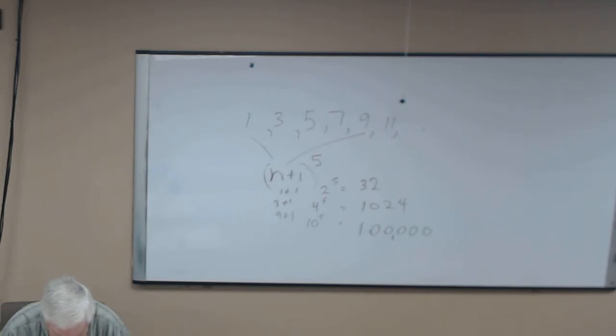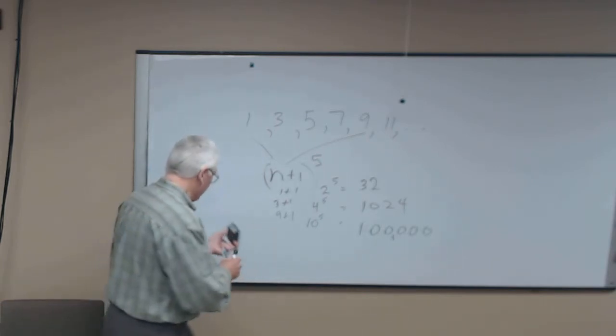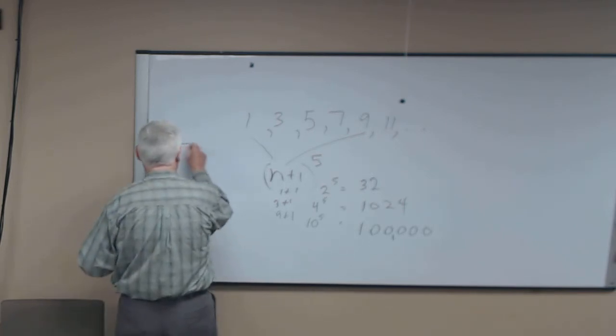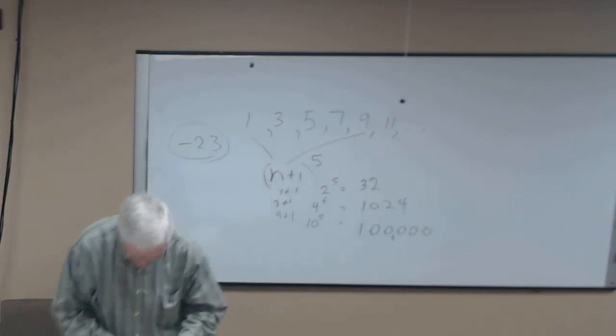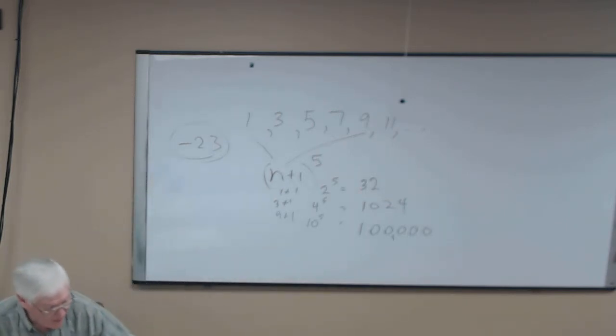Blue. See the little box in the corner? Verbal is red, math is blue. What's the integer? Negative 23. So I put negative 23 up here. There. Did I answer question 38? Am I done with it? No.